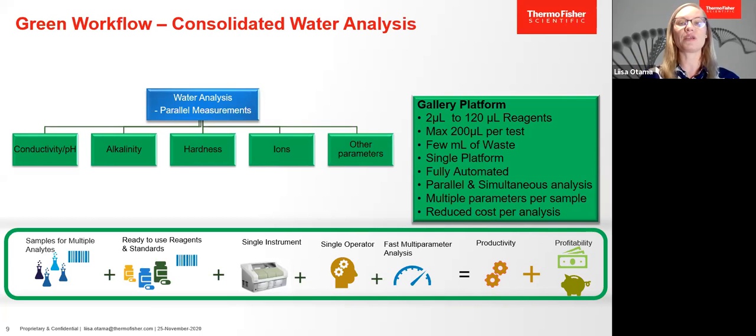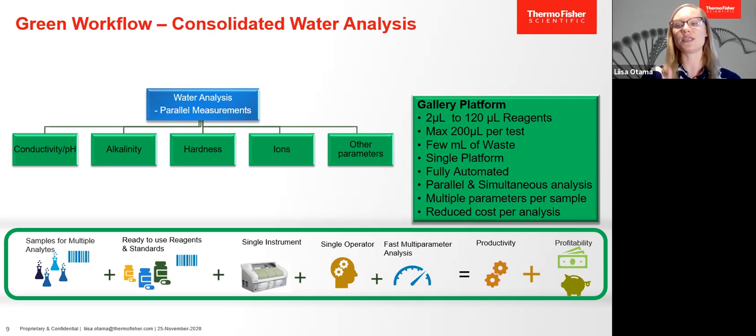We are only generating a few milliliters of waste, the majority of which is the DI water that we use automatically to wash the probes. And again, we have a single platform, so you need to do maintenance only for one instrument. You need to have consumables only for the one instrument, and you need to have the operator only for one instrument.